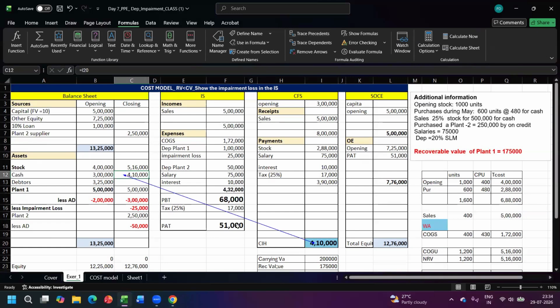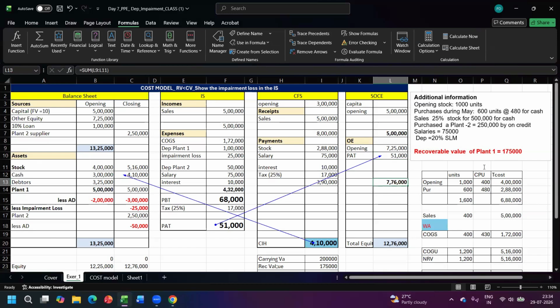So we can see that the profit belongs to the shareholder. So it is transferred to the statement of changes in equity. As a result, the other equity of the company increases to the extent of 51,000.